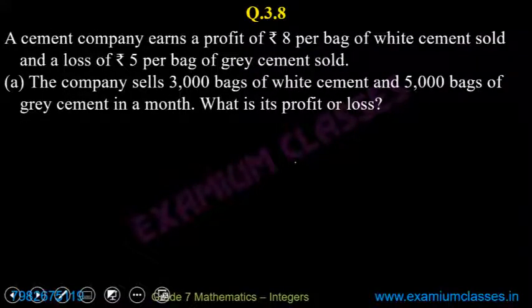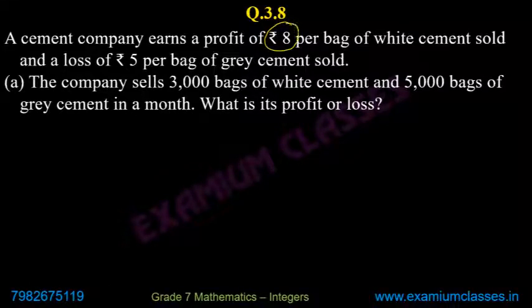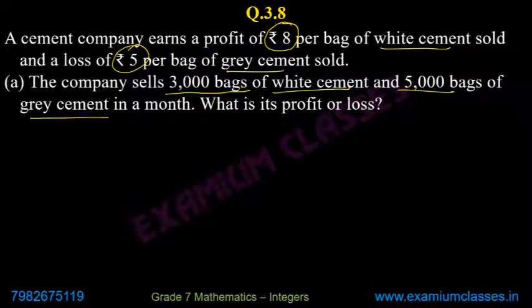Next question. A cement company earns a profit of rupees 8. So it is similar question, right? Previous one, raised differently. A cement company earns a profit of 8 per bag of white cement and a loss of 5 rupees per bag of gray cement. The company sells 3,000 bags of white cement and 5,000 bags of gray cement in a month.